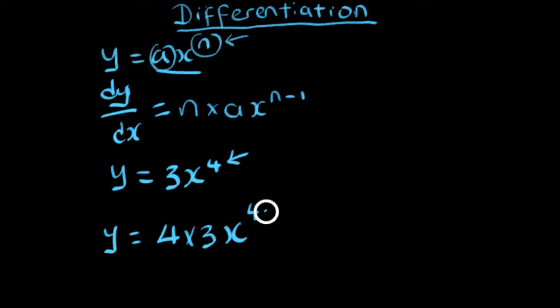You subtract 1 from the power according to what our formula tells us, 4 minus 1, and you always subtract 1 from the power. So this gives us 4 times 3 gives us 12. Then we're going to have x raised to power 4 minus 1, which gives us 3. Very true. That will be your final form, right?